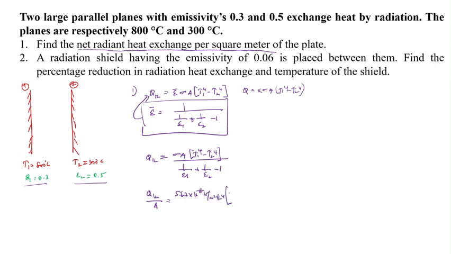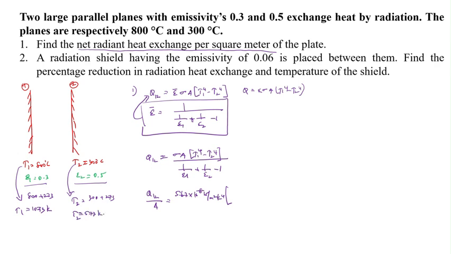The temperatures T1 and T2 should be written in Kelvin only. So 800 plus 273, T1 is equal to 1073 Kelvin. Similarly T2 is equal to 300 plus 273, so T2 is equal to 573 Kelvin.